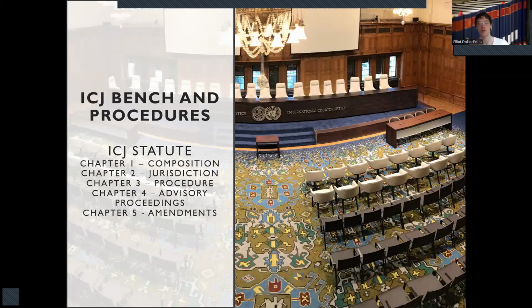This corresponds with the main sources of international law and customary law, which we've spoken about previously, I think in week 1 or 2. So it talks about agreements, or treaties, customary international law, and also general principles of law.